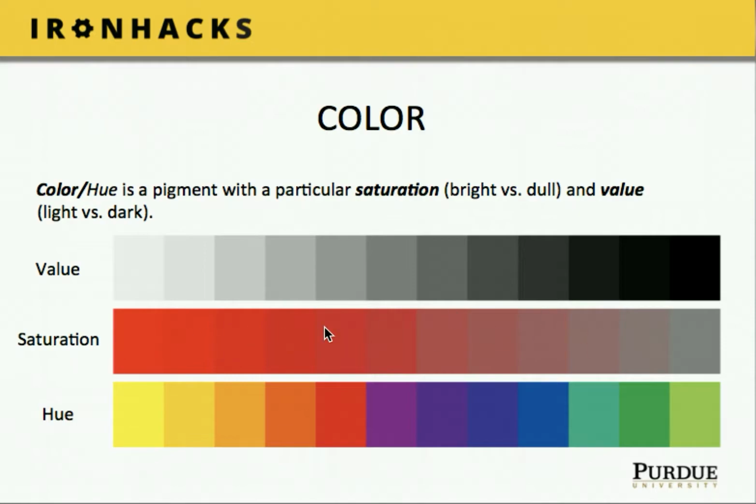So you can play with the saturation, i.e. the brightness versus dullness level of a color. But value and saturation are not the same thing, because saturation preserves the same value across. So each of these values can have its own array of saturations.